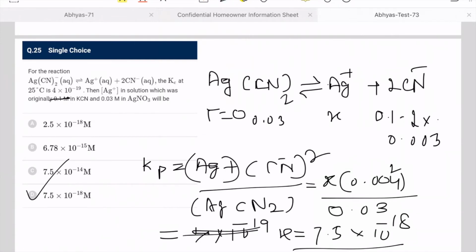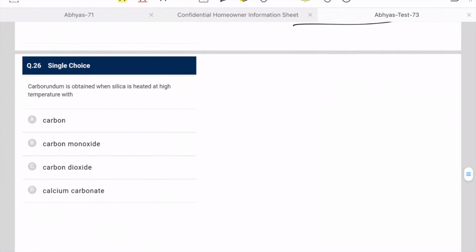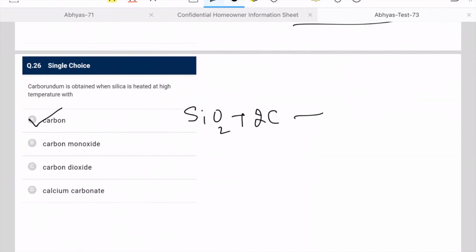So we'll go to the next question. Carborundum is obtained when silica is heated at a high temperature with... So normally carbon when you heat it will be coming out. So carborundum, SiO2, the reaction will be going like this: SiO2 plus 2 carbon, when you are heating it up.